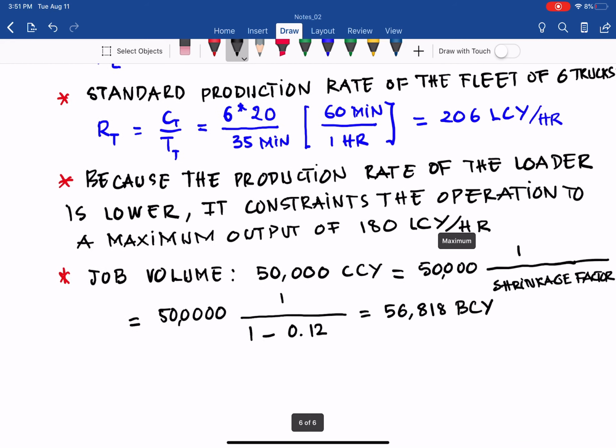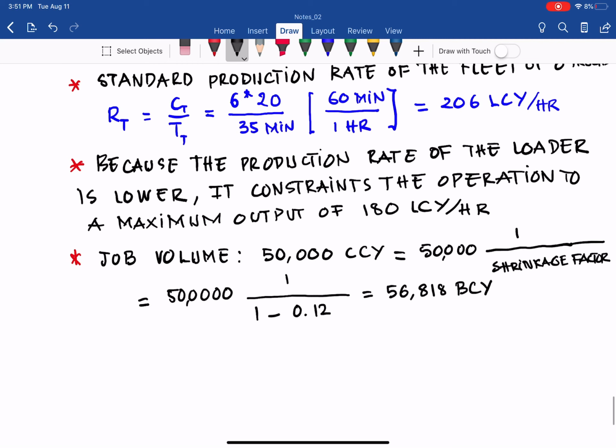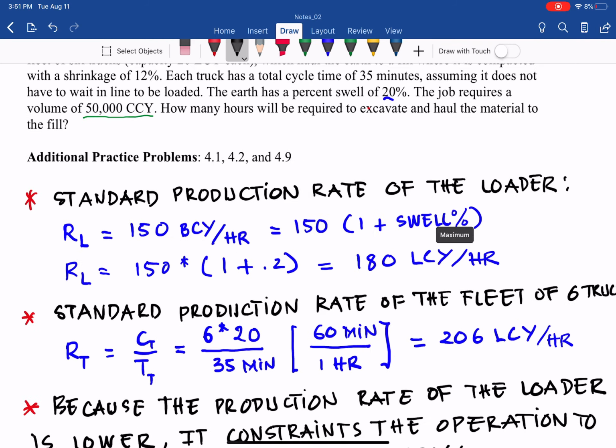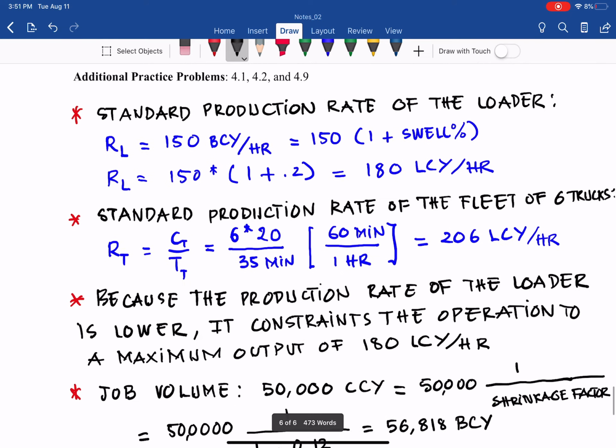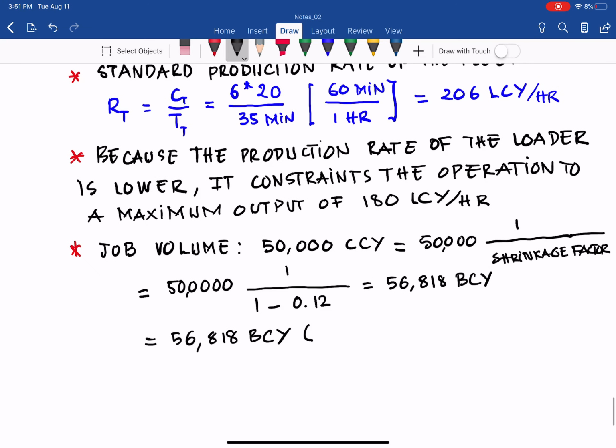We are not there yet. We want LCY. We need to do one more step, right? So from that 56,818 BCY, we need to do something like here, 1 plus percent swell to get the LCY. So we have 1 plus 12%. So what does that mean?